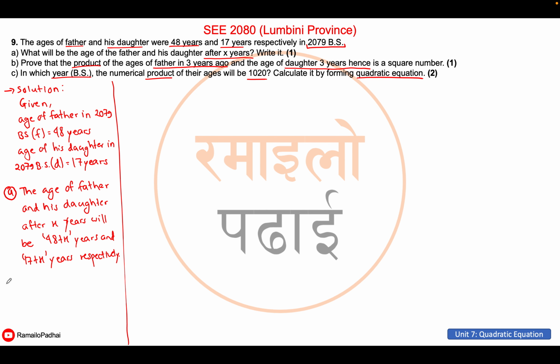Okay, now moving on to question number B. We have to prove that the product of the age of father 3 years ago and the age of daughter 3 years hence is a square number.